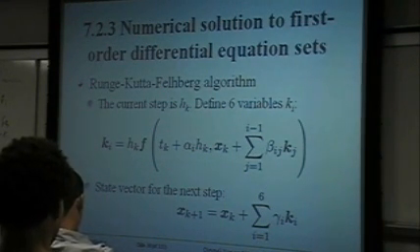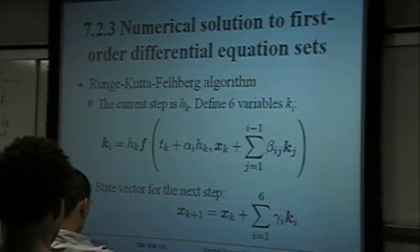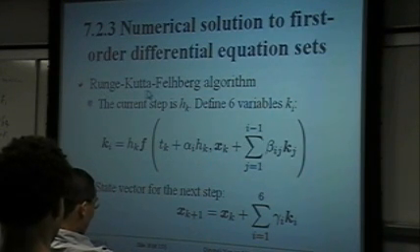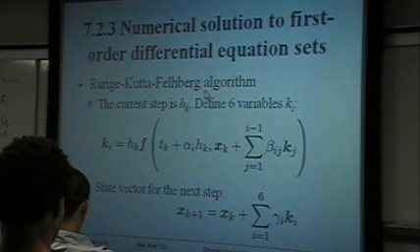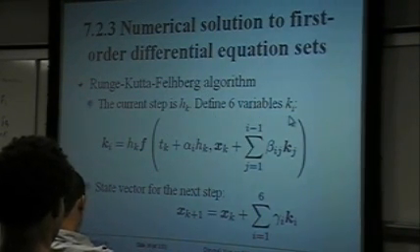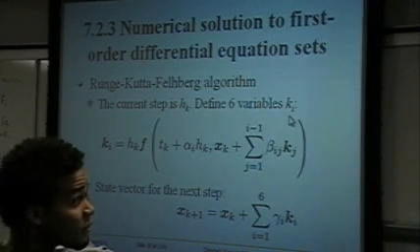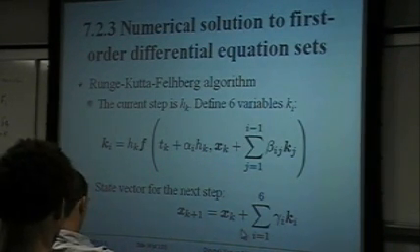So modern solutions to differential equations may use an improved version of the Runge-Kutta method, which is called the Runge-Kutta-Fehlberg method, which uses 6 k's and uses the weighted sum to find the next point.